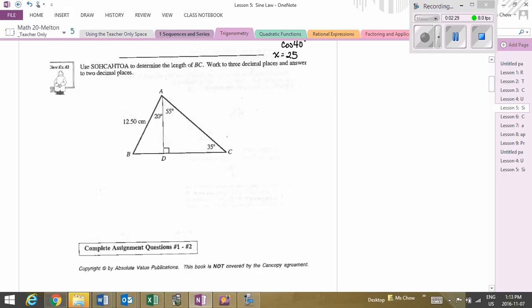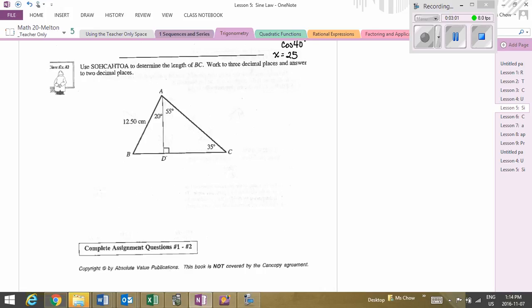If we're trying to find the length of BC, what we end up having to do is draw in the altitude, or the height, of this triangle, AD, and then use trig ratios to find BD, and then again to find length CD by finding the height AD, and that allows us to then add BD plus DC to find the length of BC.